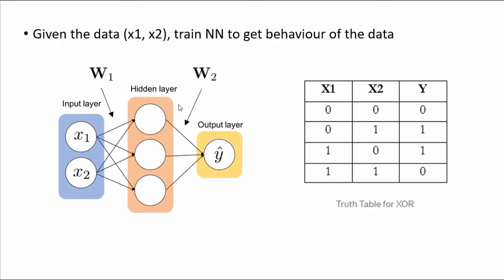So this is an example of a plot diagram showing the neural network. Actually, the hidden layer is the learning algorithm for the neural network to predict the output to solve the exclusive OR problem.